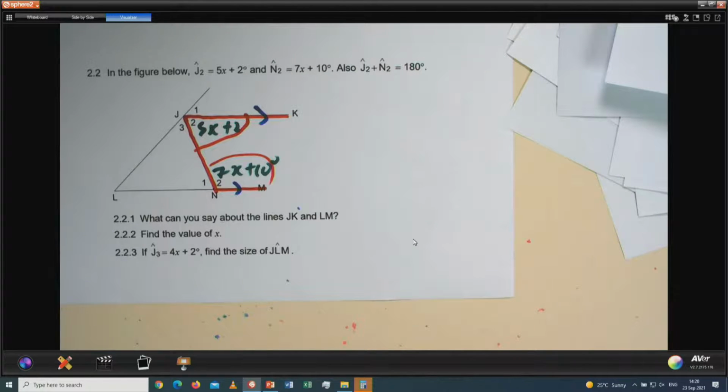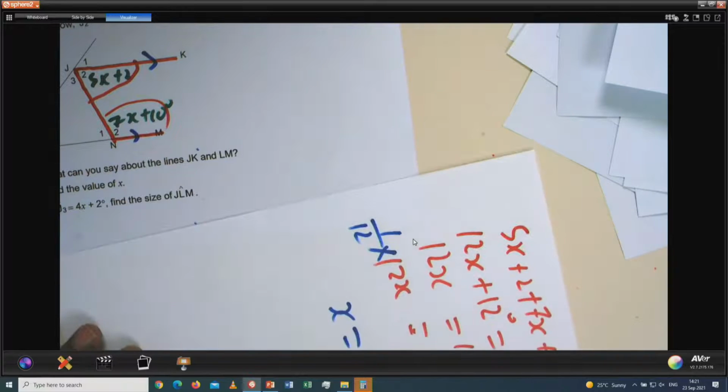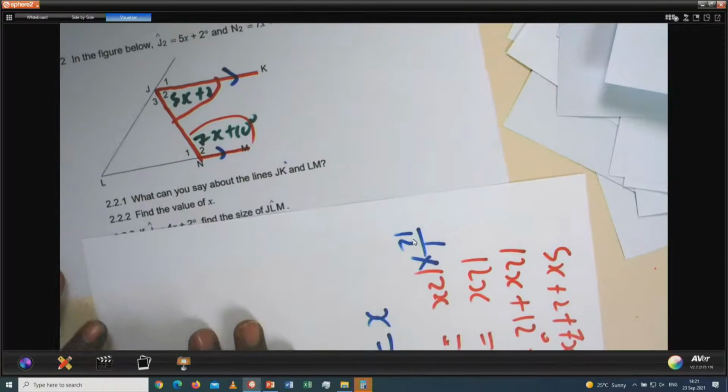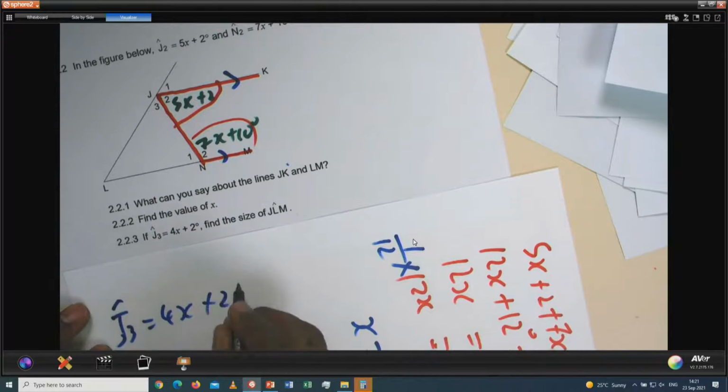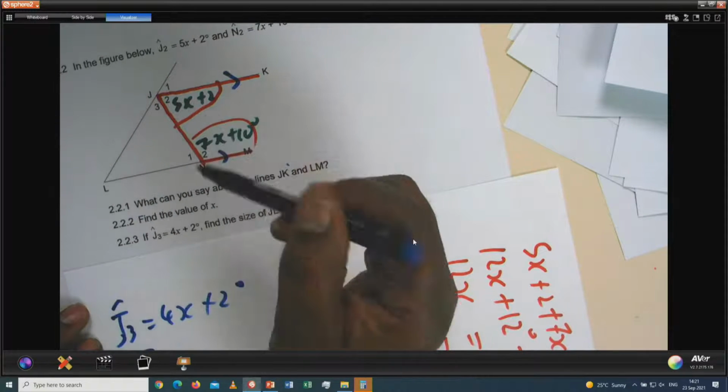Now the last question. They say angle J3 is 4x plus 2 degrees. Now they want JLM.